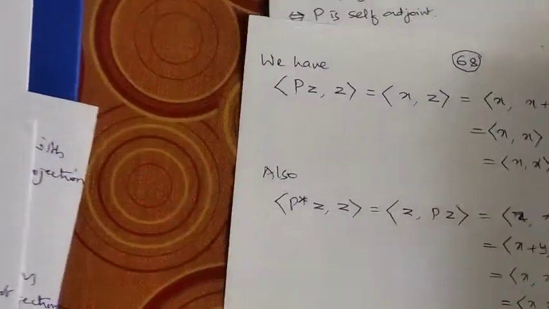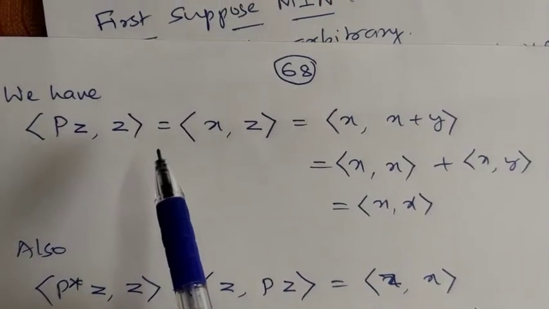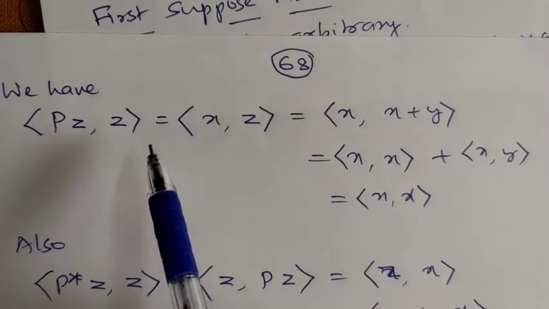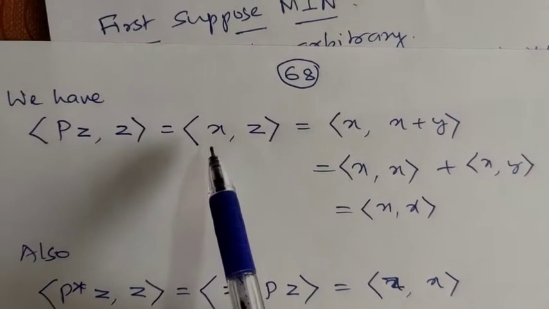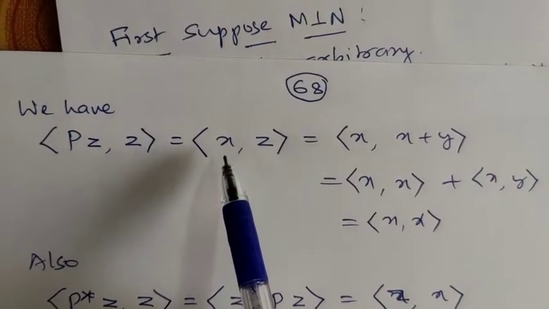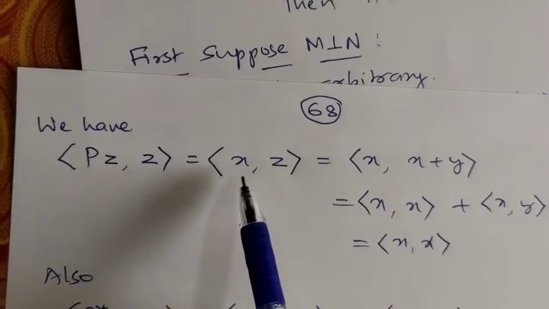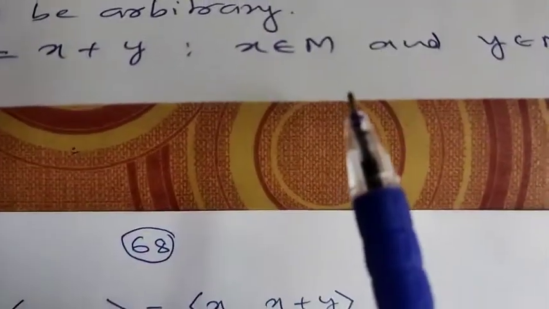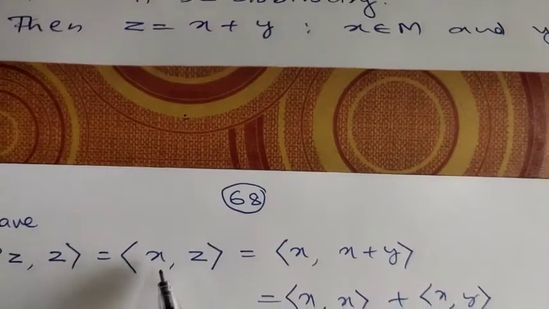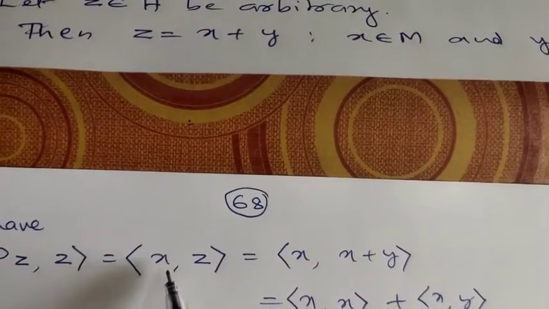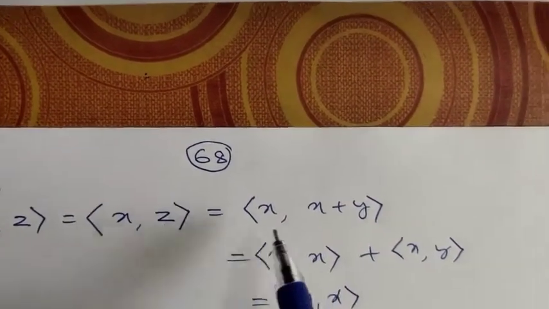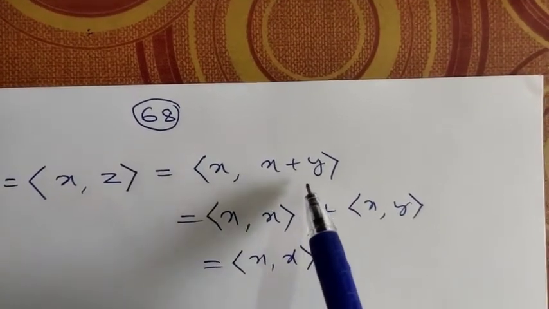Now consider the inner product of P of z comma z. Since P is a projection with range space M, P of z is x. So the inner product of P of z comma z is x comma z, that is x comma x plus y.